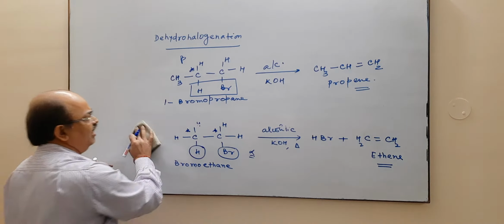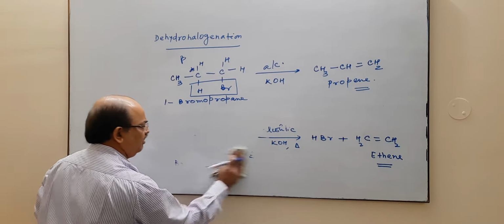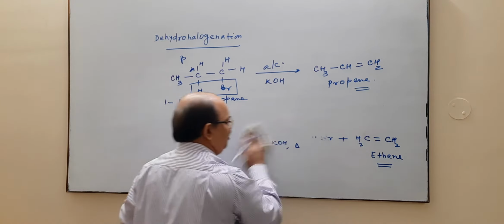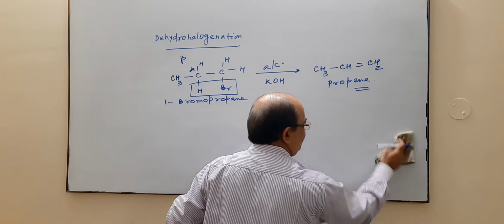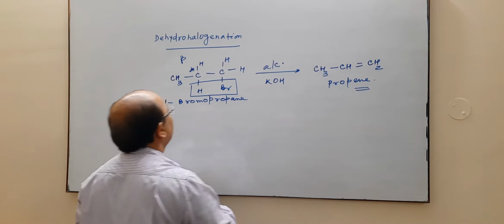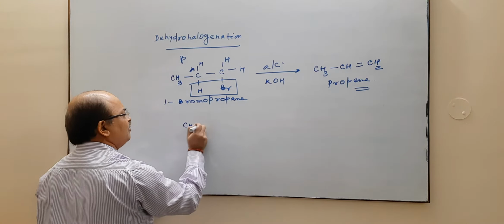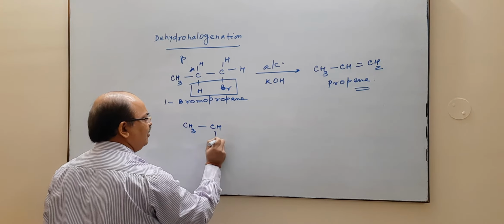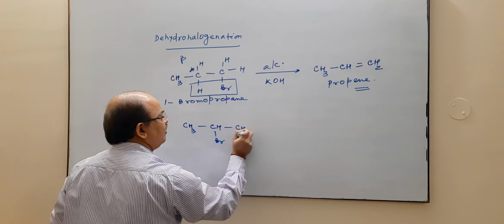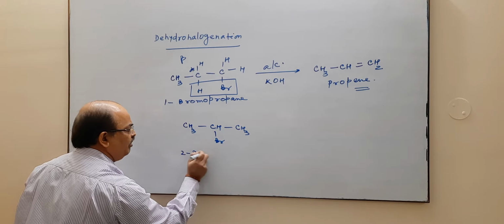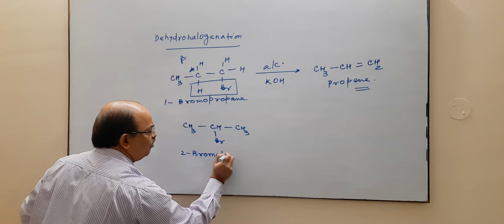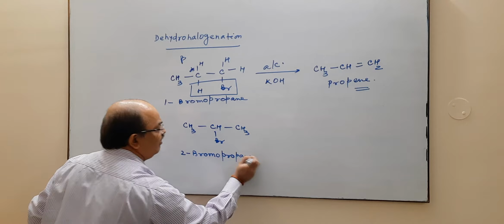But if we consider 2-bromopropane, if bromine is on, suppose, the second carbon, say CH3CHBrCH3, this compound is 2-bromopropane.